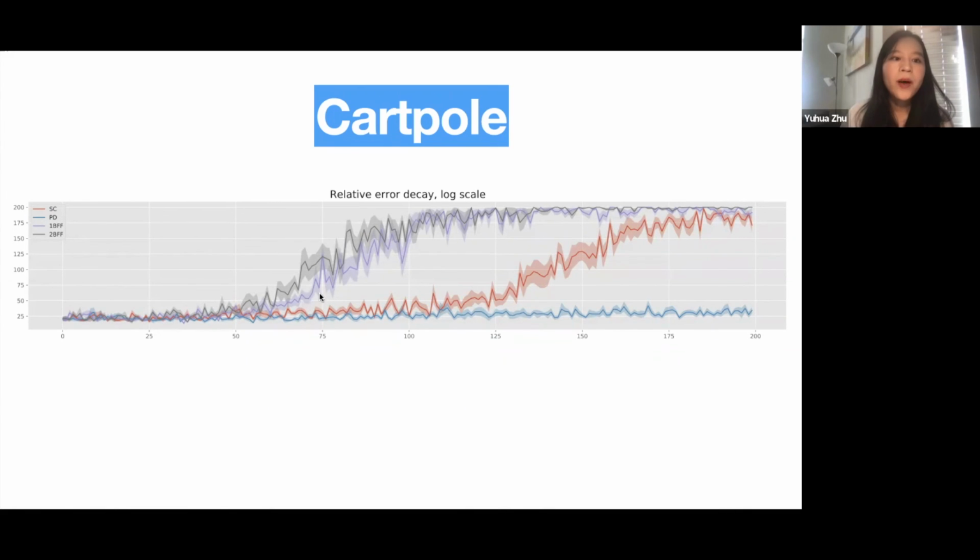And the 1-BFF compared with the 2-BFF is a little bit slower, but still performs pretty well. And the sample cloning method converges to the maximum value function much slower than our method. And the primal dual method doesn't even converge.